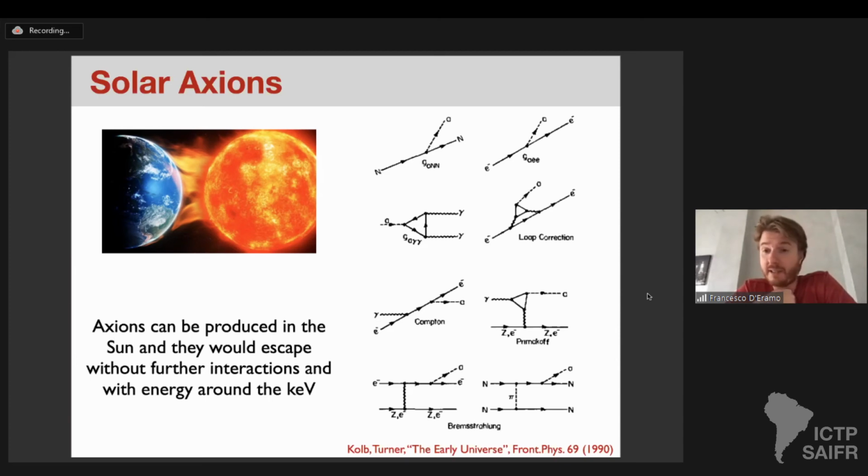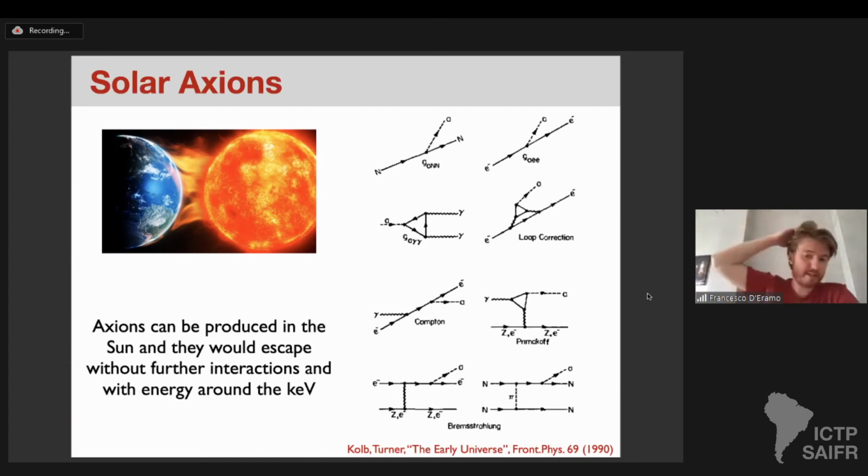If axions exist, and if their coupling to standard model particles is not too suppressed, meaning that f is not too large, then you can imagine producing this axion with a significant rate. And you can also try to detect these axions here on the Earth.